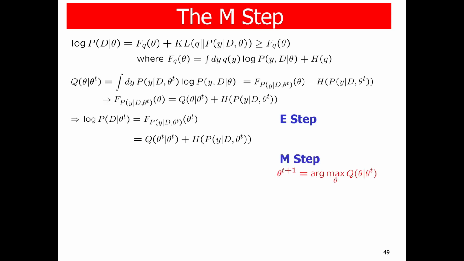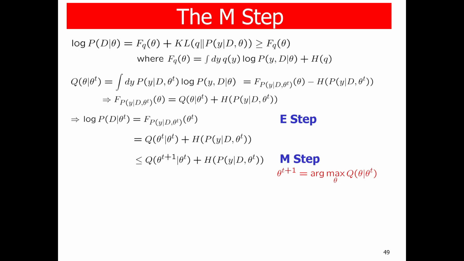In the M step, we need to maximize this function Q in its first argument. The location of that maximum is theta t plus 1. Therefore, this expression can be upper bounded using Q(theta t plus 1, theta t) and the entropy term.